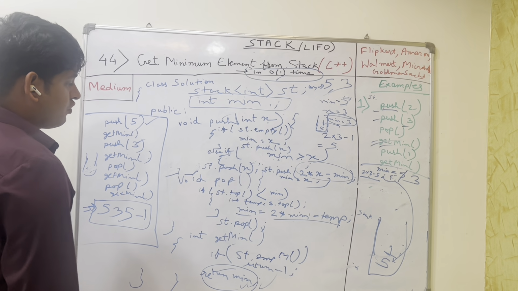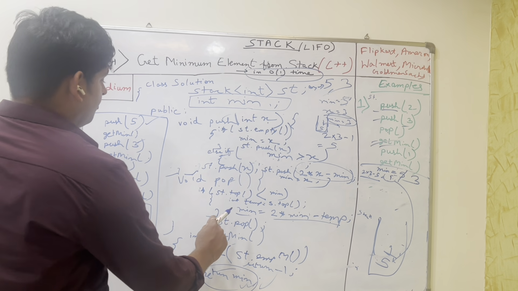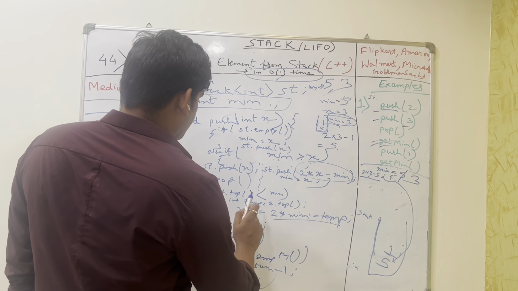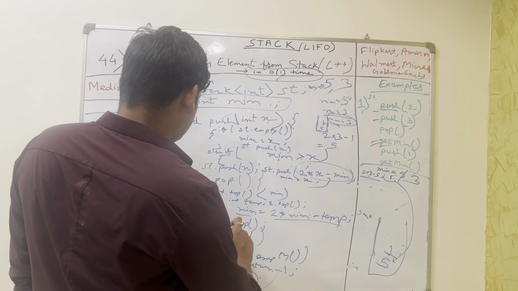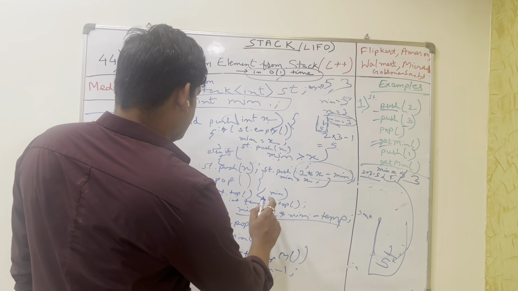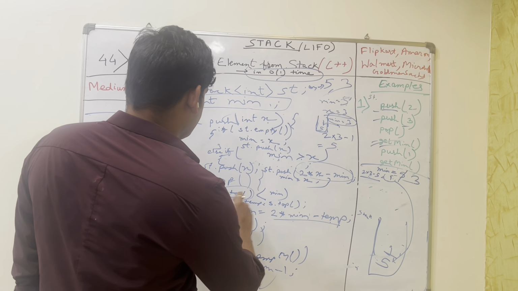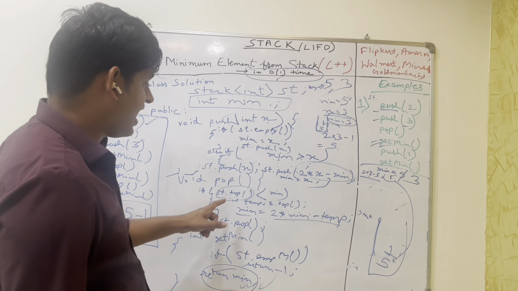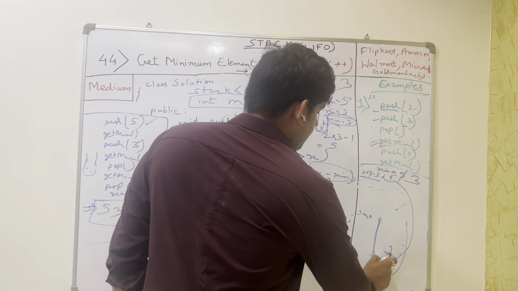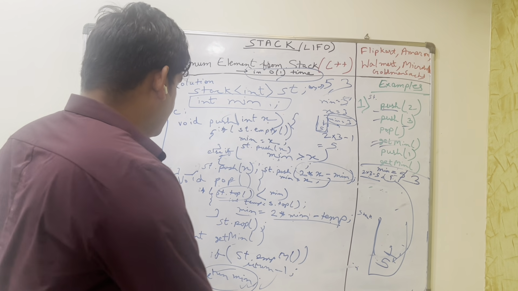Okay. So pop function is called the first time, and we see what is there in this pop function. Whatever there is in the top of the stack, this 1, this will be popped out, right?